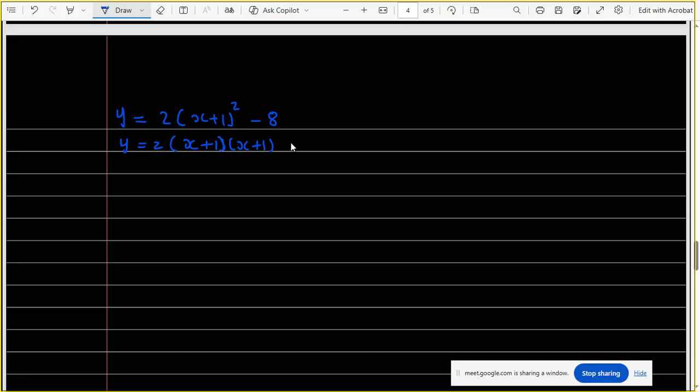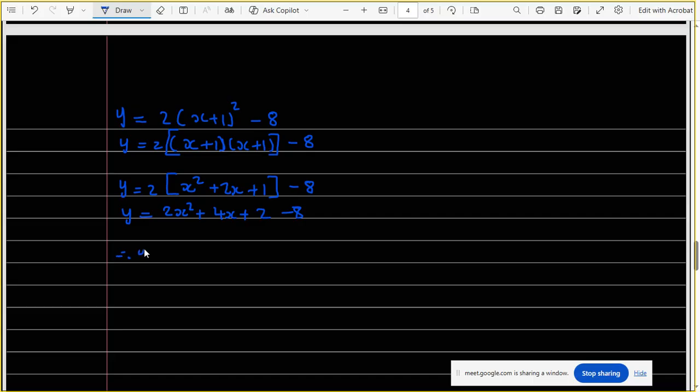When I simplify, this is 2 into, I expand the bracket, (x plus 1) and (x plus 1), then minus 8. Remember, the 2 multiplies everything in that bracket. So y equals 2 into (x squared plus 2x plus 1) minus 8. Multiply out the bracket by the 2: 2x squared plus 4x plus 2 minus 8.